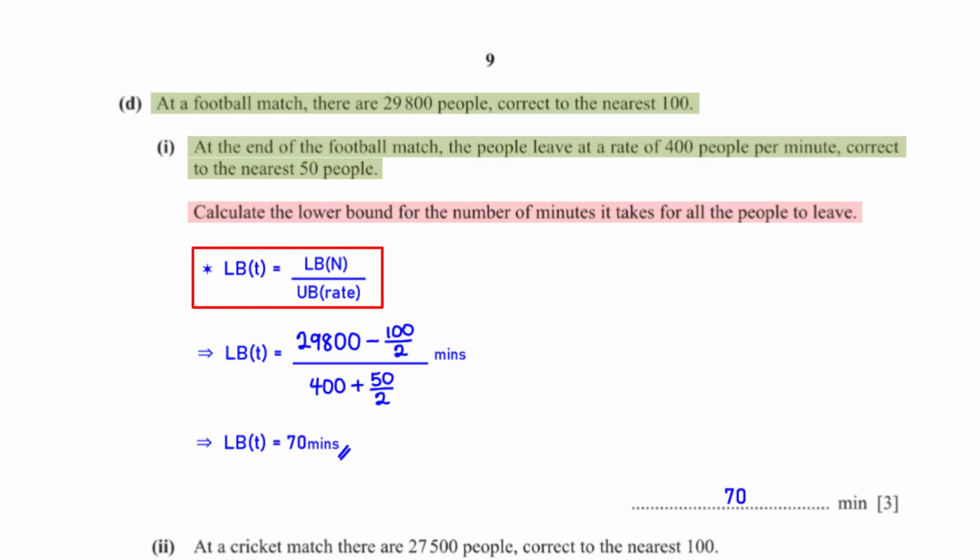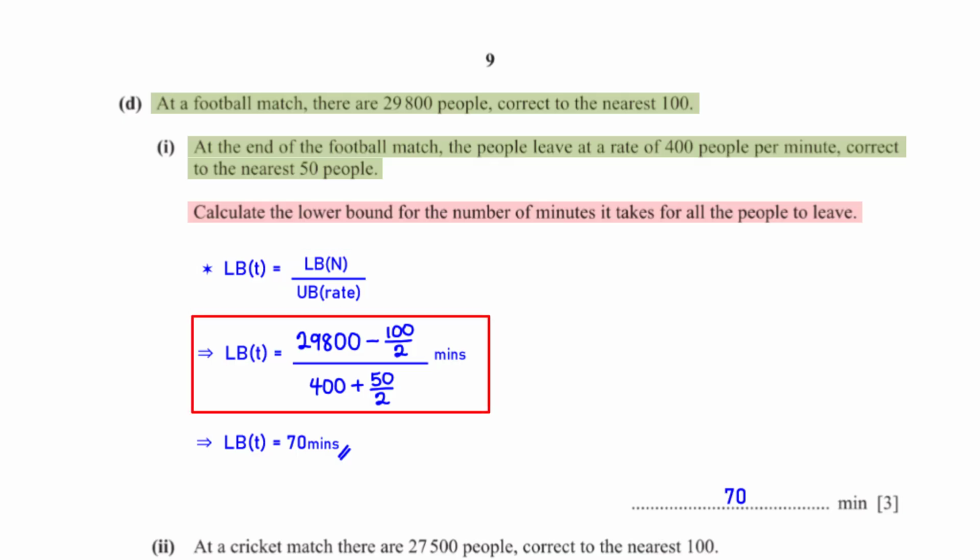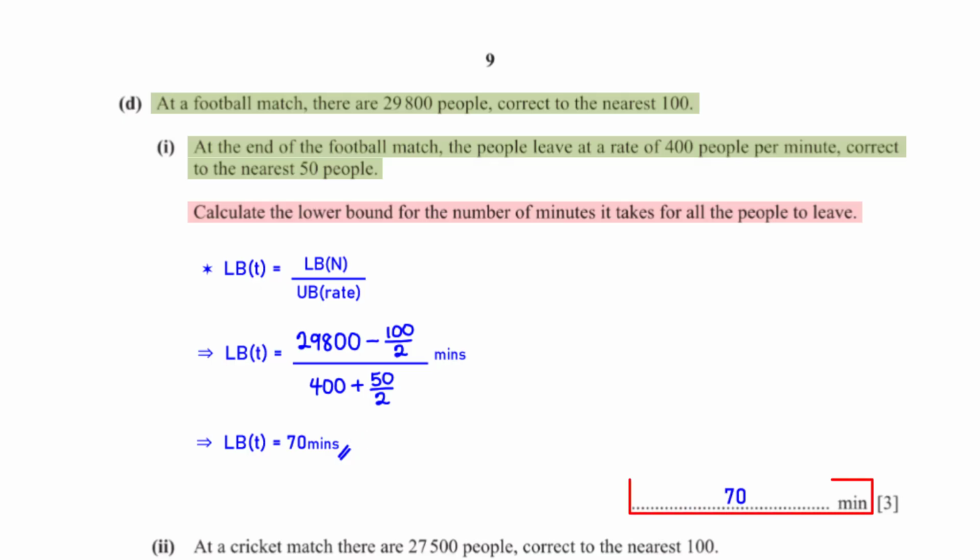To get the lower bound of the time, we divide the lower bound of the total number of people by the upper bound of the rate at which the people leave. To get the lower bound of the number of people, we subtract 100 divided by 2 from 29,800, and for the upper bound of the rate, we add 50 divided by 2 to 400. When we type this into the calculator, we get 70.